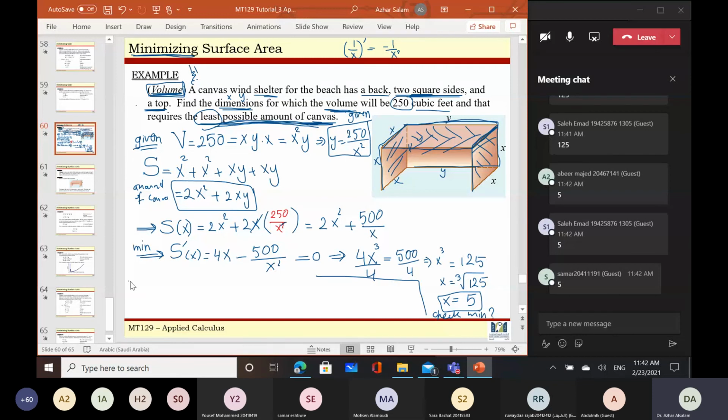And I will find y from its value here. I have that y equals 250 divided by x squared, which is 250 divided by 5 squared, which is 25.